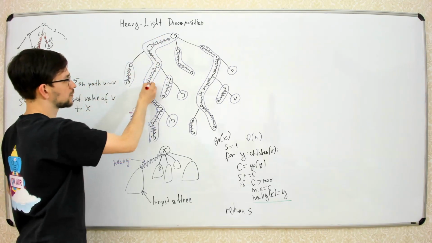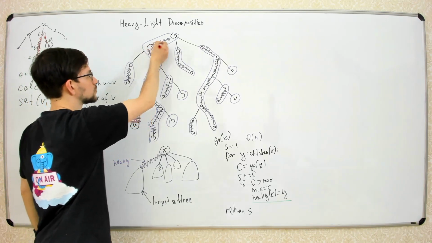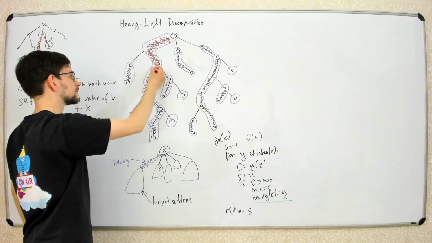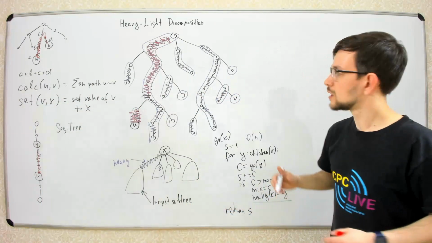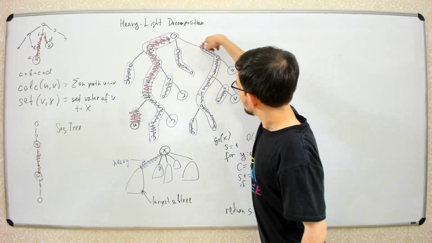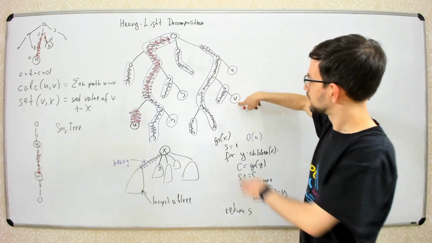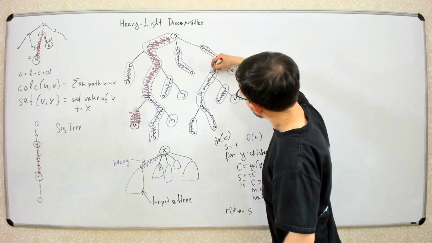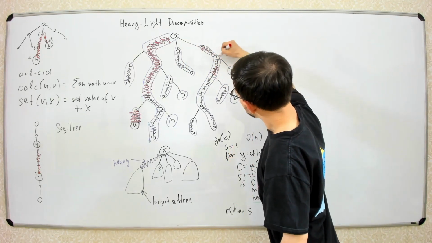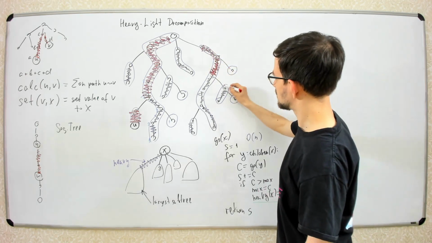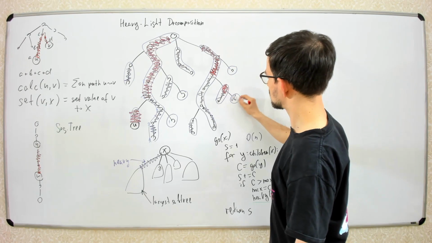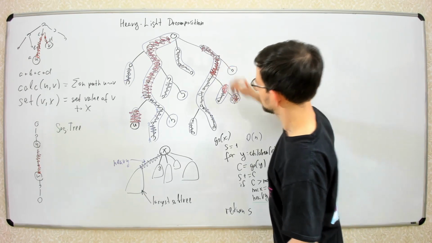Now I need to go to this V, so we use this segment of this heavy path, then go here, take this node, and take this node. Like this.